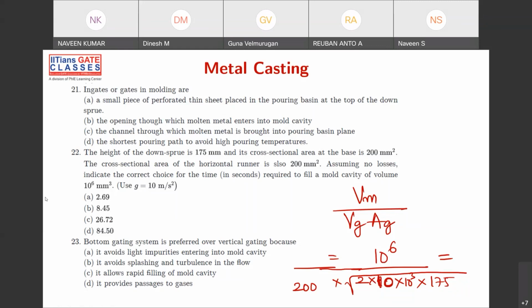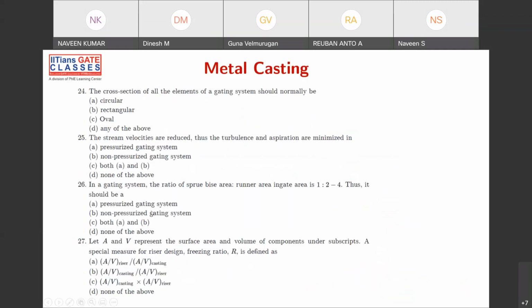I don't have calculator here and my system is not responding. Same answer, 8.45. You're getting the same answer? Come on, guys. Okay, fine. 8.45 is the answer. Okay, correct.